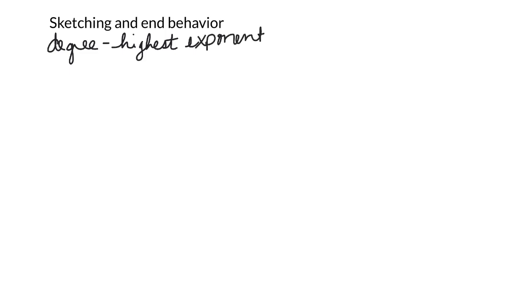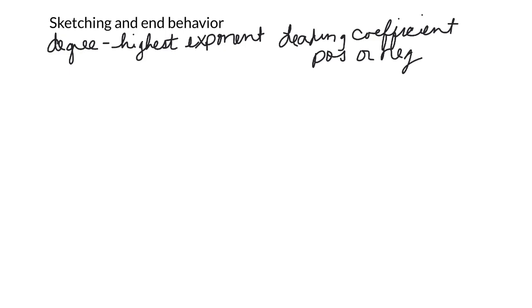And we look at the leading coefficient, whether it's positive or negative. We look at the degree and whether it's even or odd. So we said when it was even, it looked kind of like a parabola.